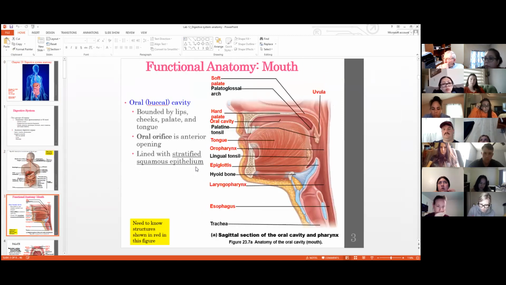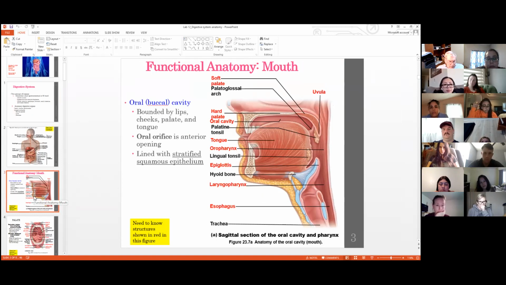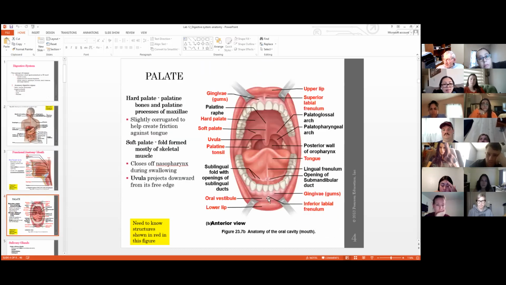Once again, we don't get the adenoids in there. And I haven't mentioned this one in a while, but we have the frenulum here and a frenulum here. I think both of those are in here.